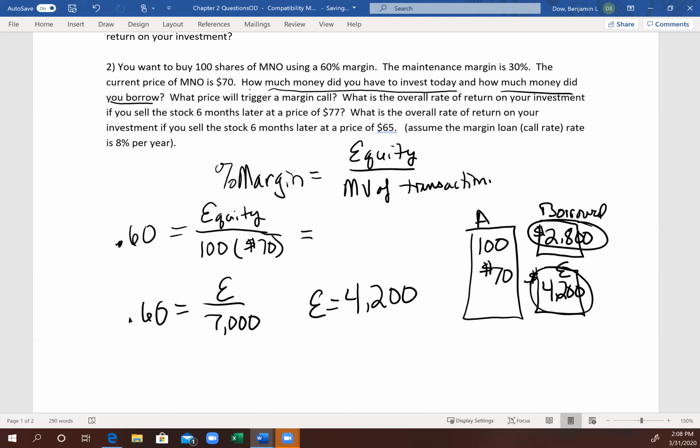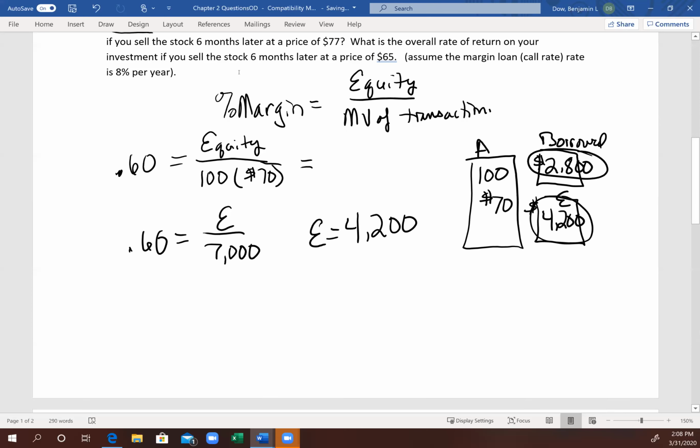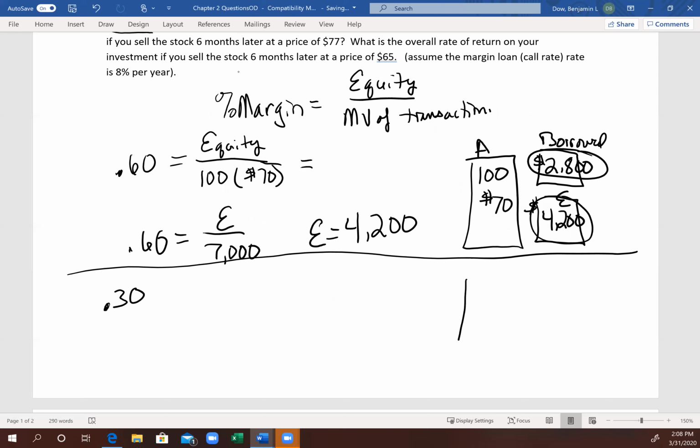Okay. So then the next question looks at what price will trigger a margin call. And here, the margin call occurs when something bad has happened. Okay. So if you look at it, remember, the assets are the shares of stock that you purchased. What can change every day is the price.